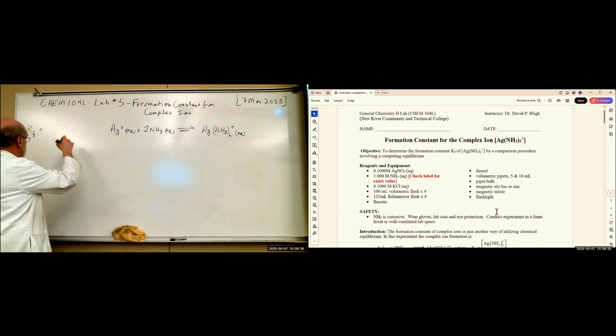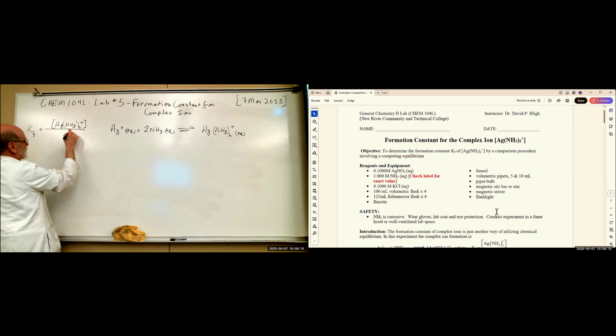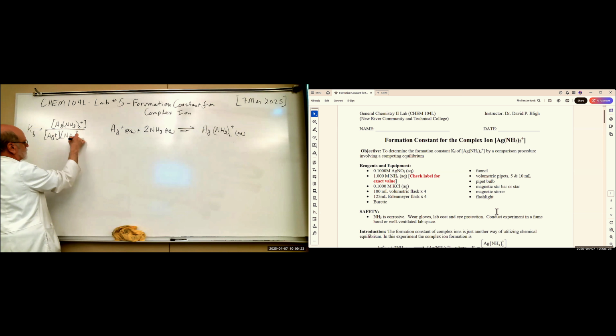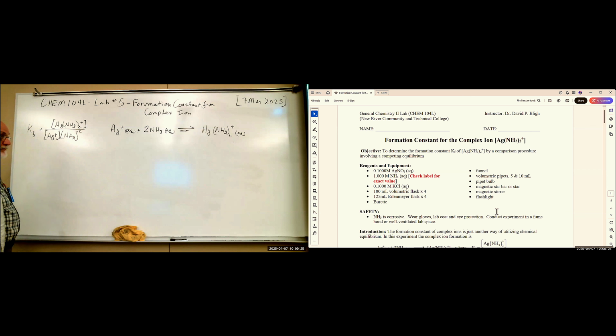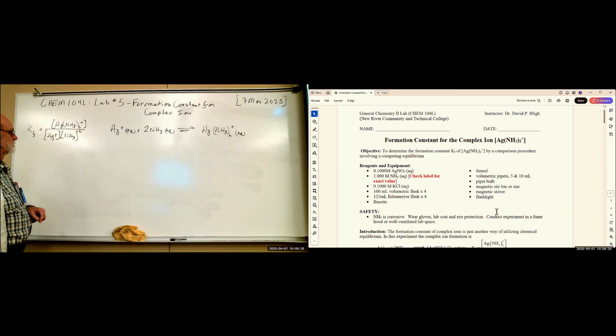So the expression is going to be the complex ion over silver and ammonia squared. So that's the value we're after.